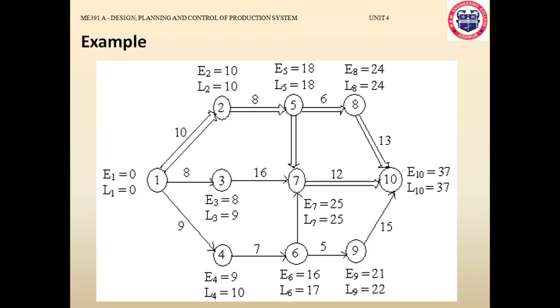So to reach node 6, we have to move from node 1 to node 4 and then node 4 to node 6. So total time required is 16. So earliest start time for node 6 is 16. So similarly, for each and every node, we calculate the earliest start time by just adding the process time from one node to another node.